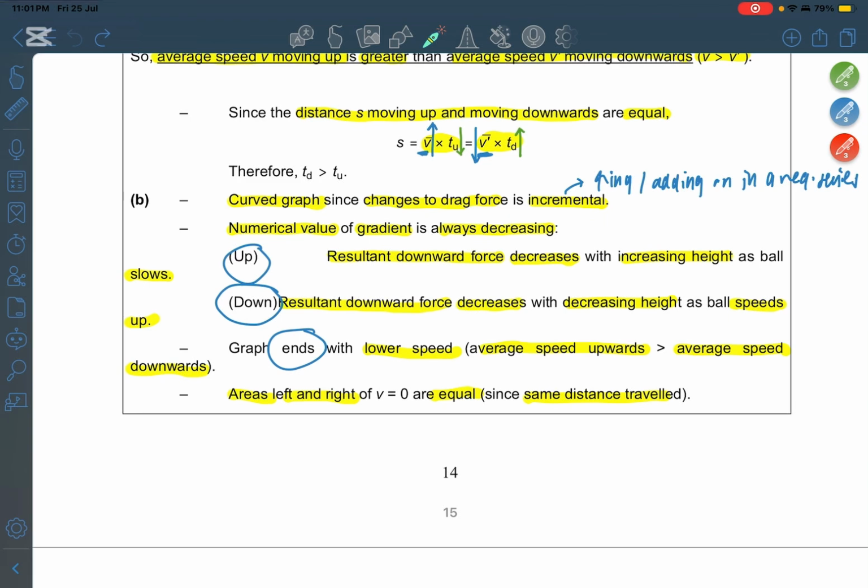Then it might go downwards. The resultant downward force decreases with decreasing height. And so it starts to speed up, right? It speeds up. Then the resultant downward force decreases with decreasing height.